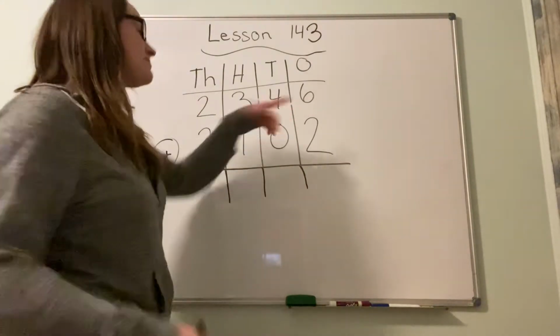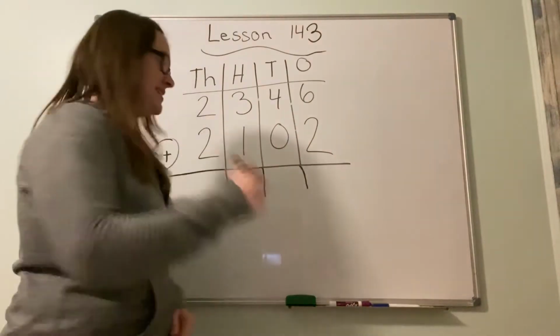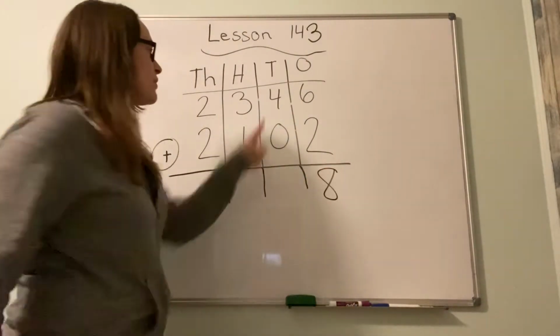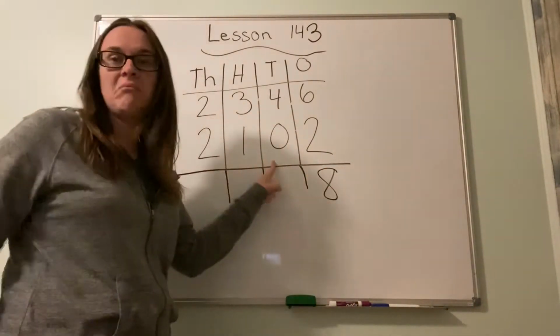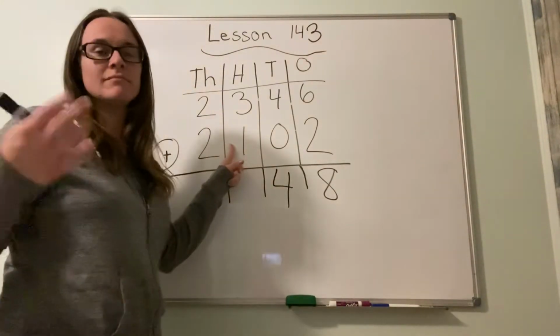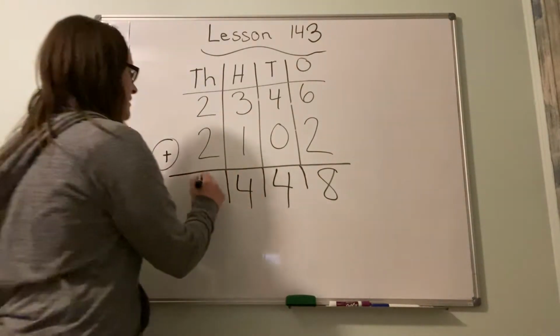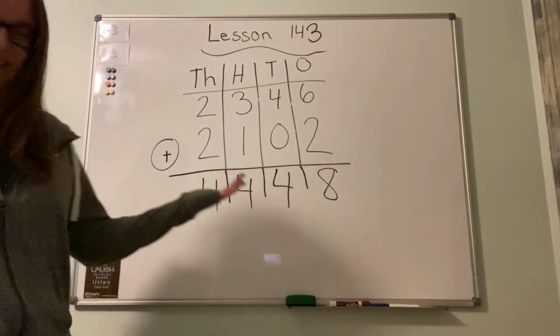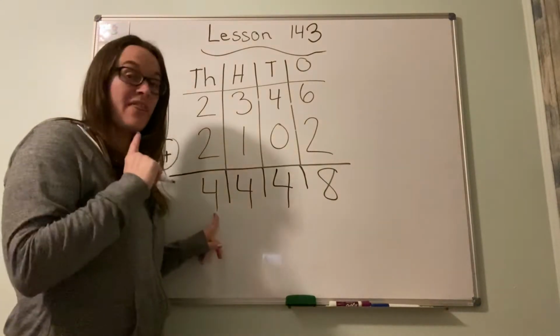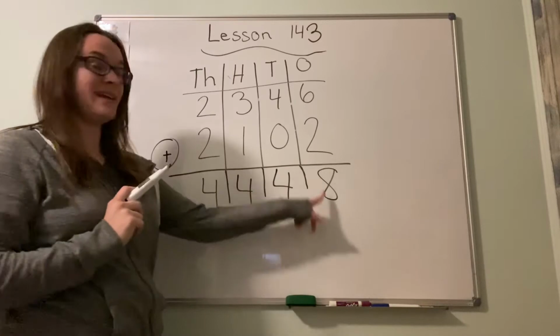So let's start. 6 plus 2 more is 8, right? 4 plus 0, 4. 3 plus 1 more is 4. And 2 plus 2, 4. That's a lot of 4s. What number is this? 4,448.